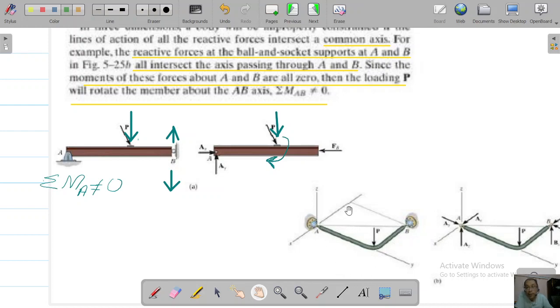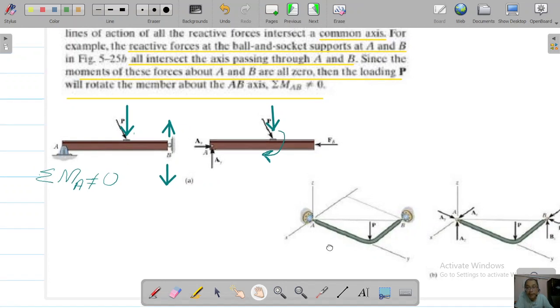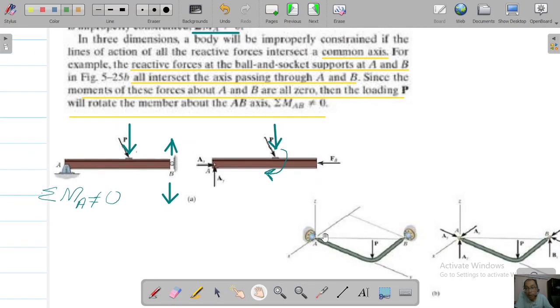This AB axis, remember, is basically in the x-y plane. So it has the tendency to rotate about this axis, and since it will be able to rotate about this AB axis, it means that the summation of all the moments about A and B will not be equal to 0. This is very important.